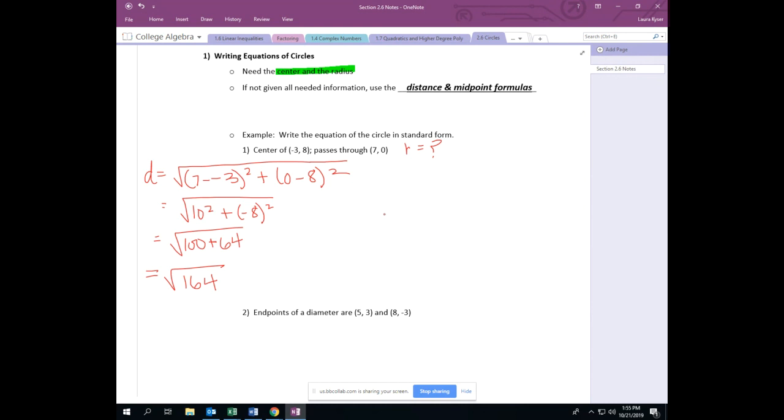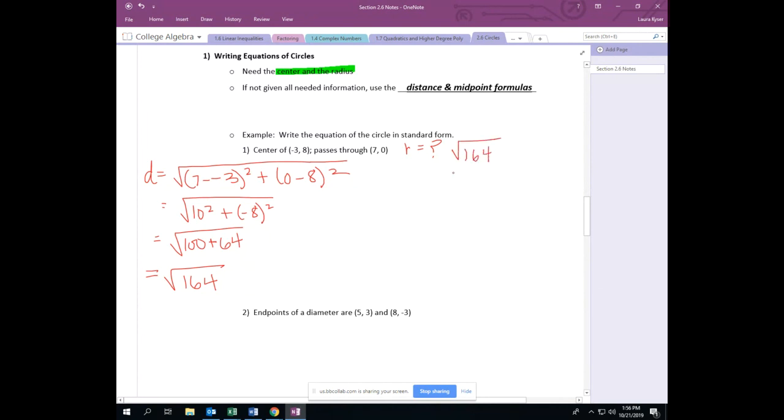If you simplify it, when you go to put it back into the formula for the circle, you're going to have to square it, and then that means you're going to have to put everything back together again. So unless they say what is the radius in simplest radical form, don't spend the time simplifying. We're going to put this thing into the formula for the circle. So the radius is square root 164.